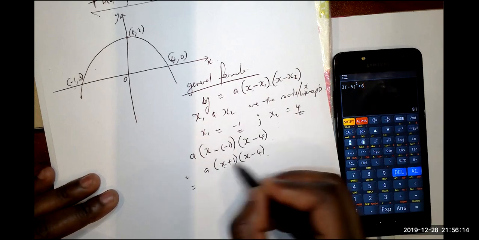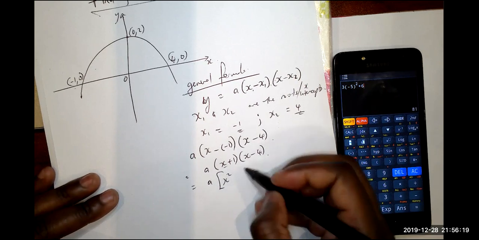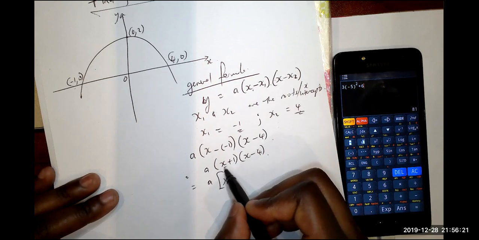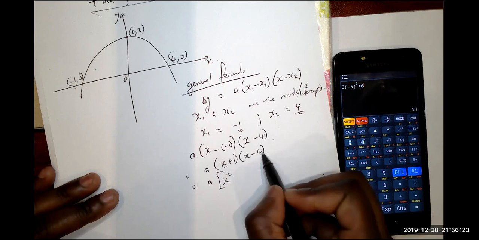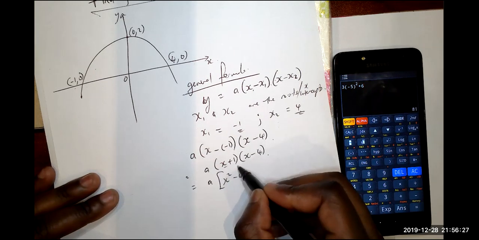Then let's multiply this: x times x is x squared, x times -4 is -4x. We're done there.